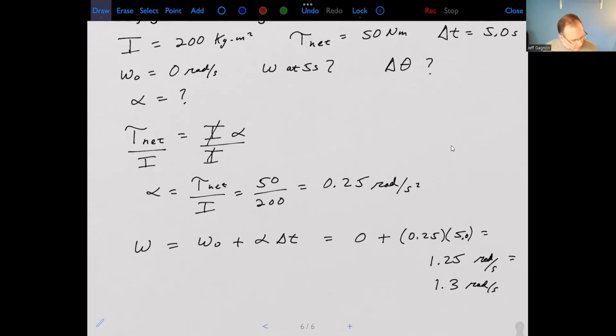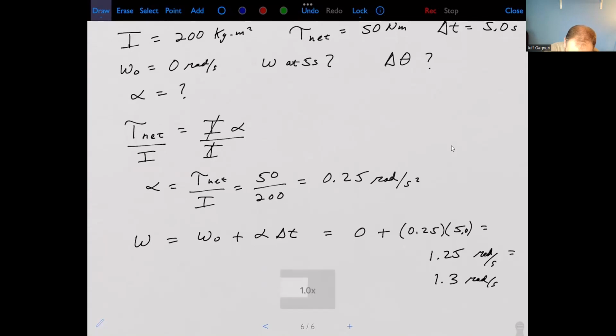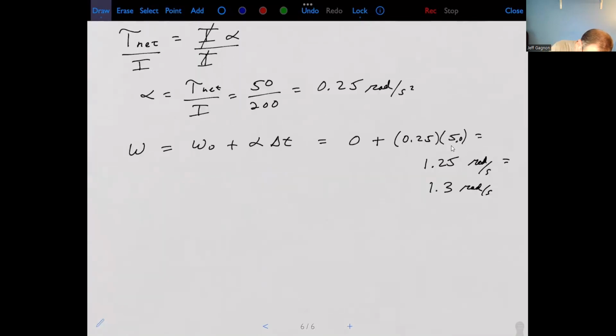Okay, and then finally, what angular displacement did the merry-go-round undergo in 5 seconds? Well, again, I can use my kinematic equations, and now I'm trying to find delta theta. Remember, that's equal to omega naught delta t plus 1/2 alpha delta t squared. So again, if I plug in, this is 0, right?